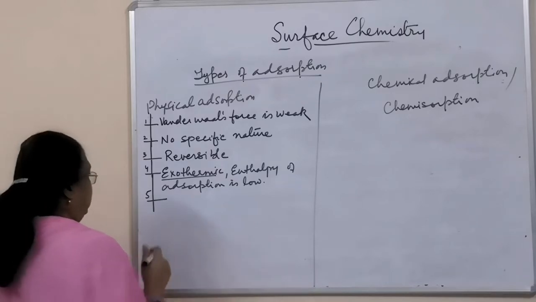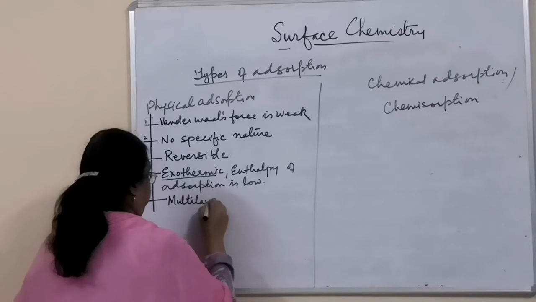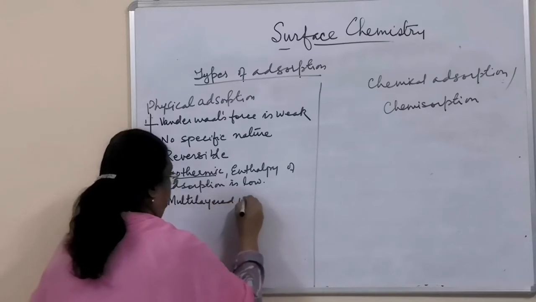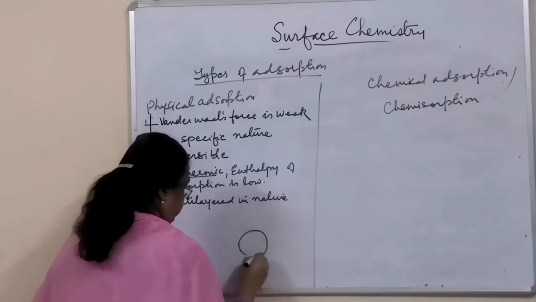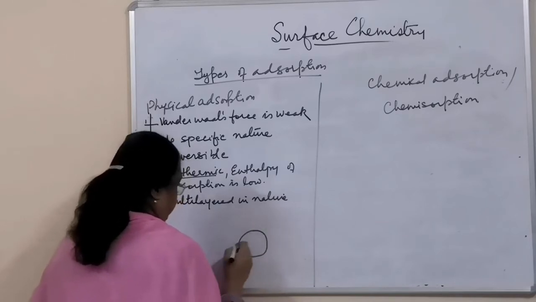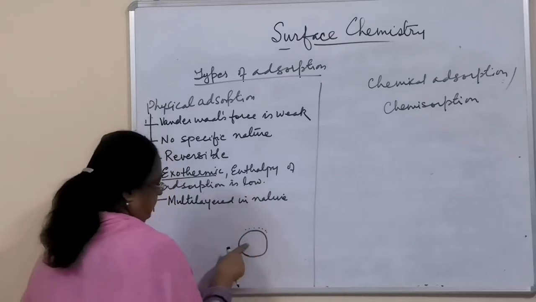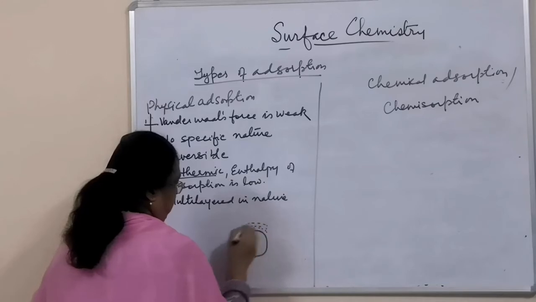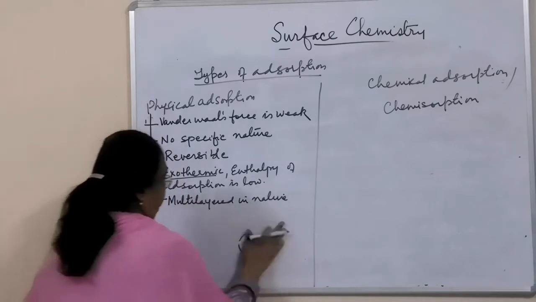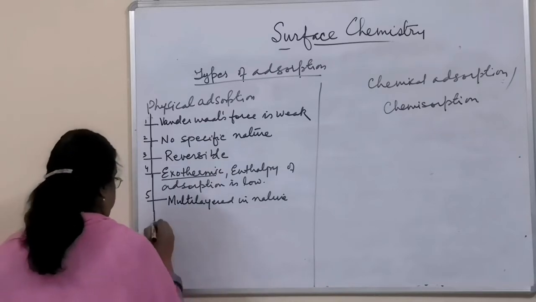This is multi-layered in nature. Means what? If this is your adsorbent and one layer of adsorbate has stuck over it, then over that another layer, so this is a multi-layered phenomenon. So this was the fifth point.